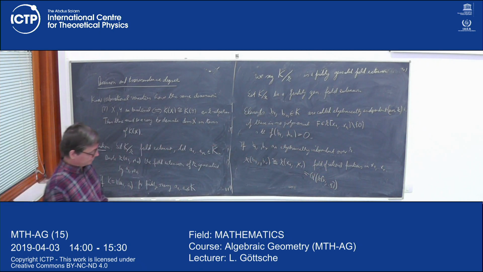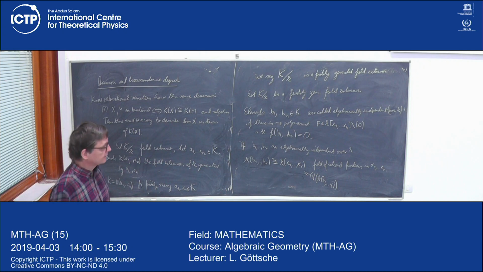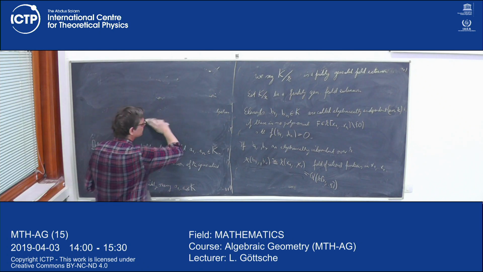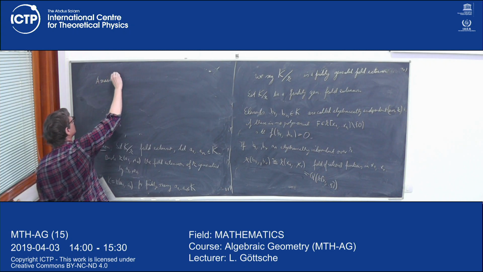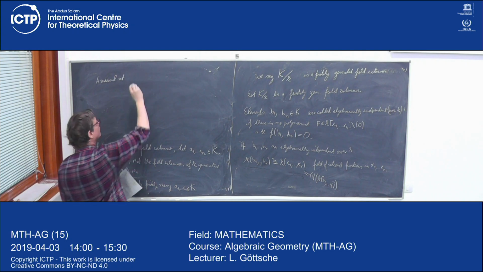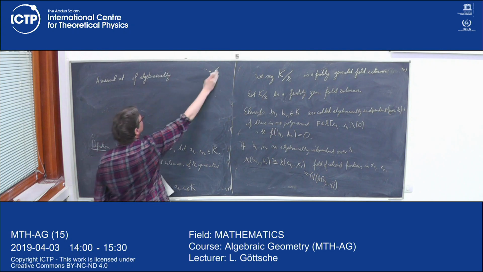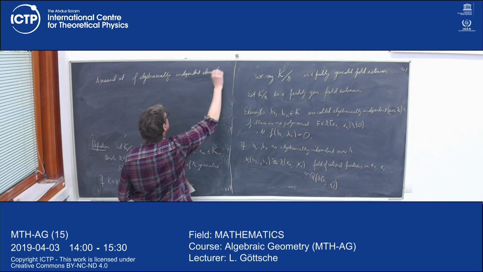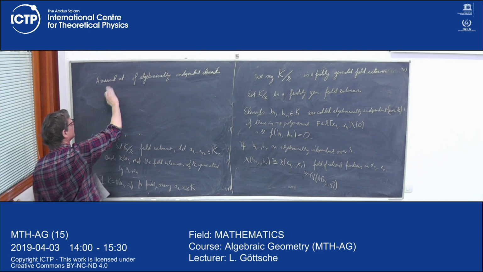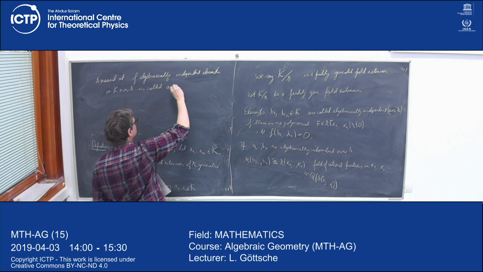Okay. So now if I have a maximal set of algebraically independent elements in K over k, it's called a transcendence basis.